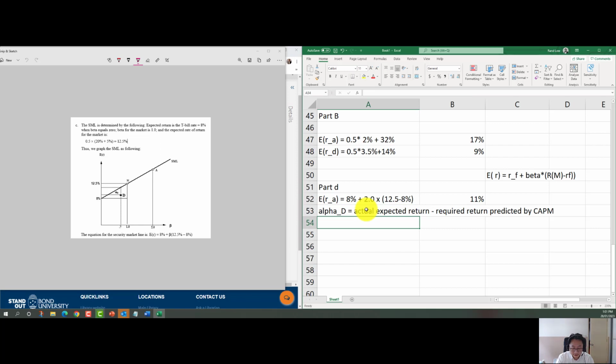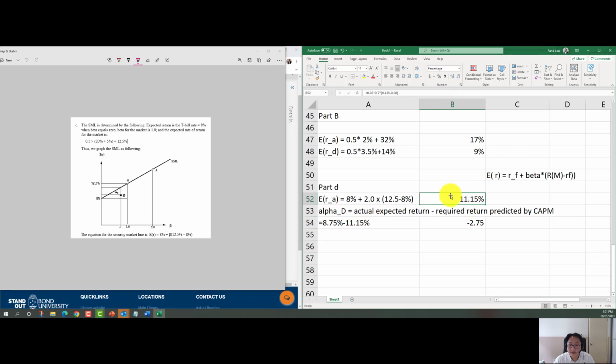So this means you have 8.75% minus 11.15%. And what's the answer for that? So that's negative 2.75%. Yep, negative 2.75%.